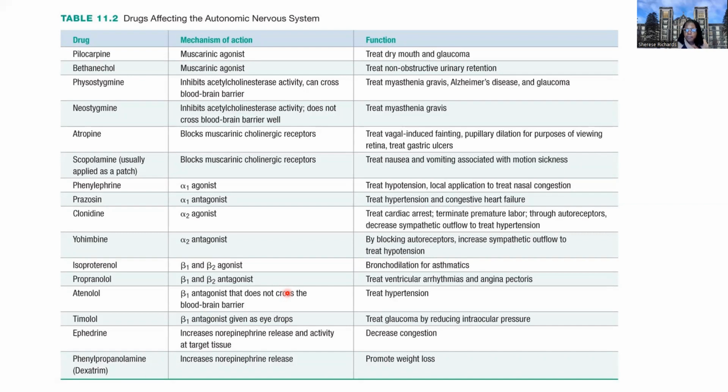Blocking these beta-1 receptors decreases cardiac contraction and can decrease blood pressure in these patients. So by taking advantage of these receptor responses, either by antagonizing or agonizing them, we can bring about the desired effect that can be therapeutic in some of these diseases.